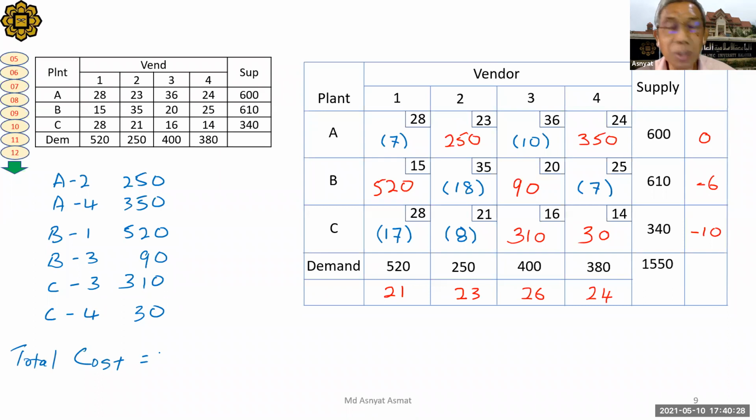Anybody want to try the total cost? How to get the total cost? 250 times 23 plus 350 times 24 plus 520 times 15 plus 90 times 20 plus 310 times 16 plus 30 times 14.